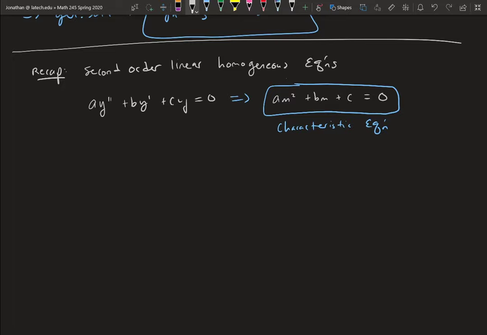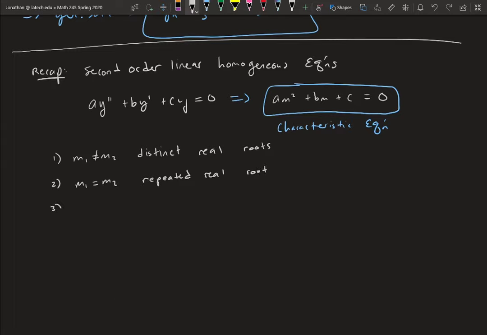There are three things that could happen. The first is m1 not equal to m2: we have distinct real roots, and we did an example of that last time. What we want to pick up today is m1 equals m2, a repeated real root.